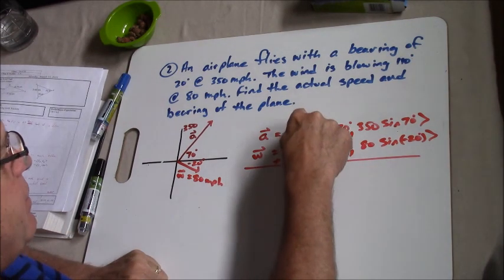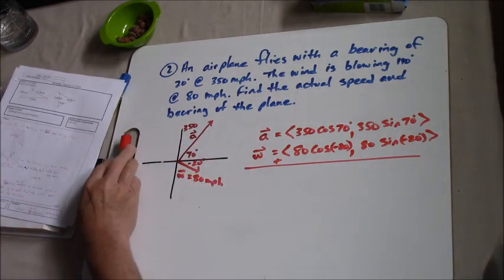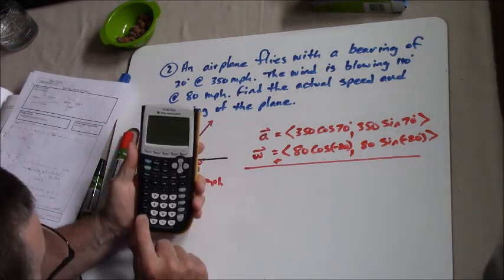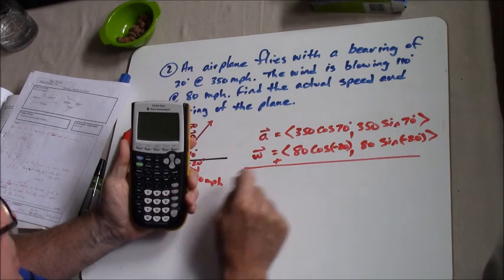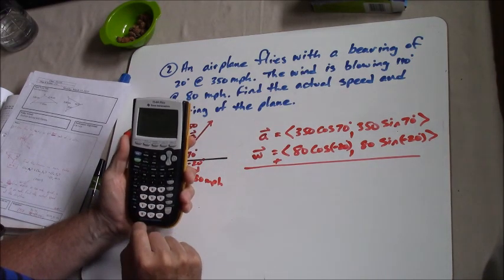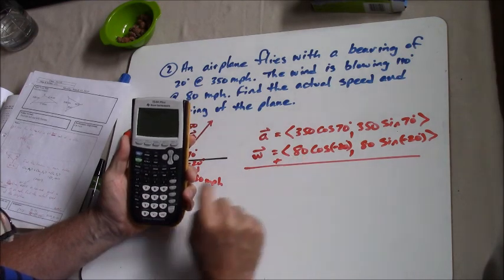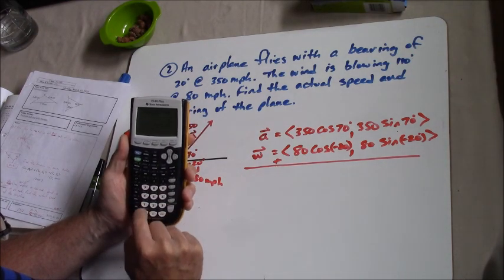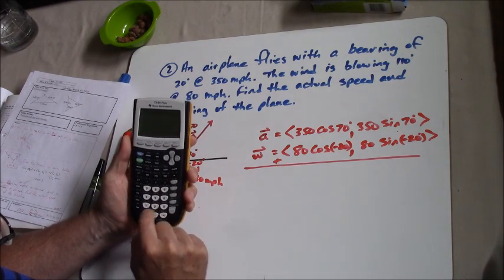All right, so I want to add these two together. So I'm going to grab my calculator and I'm going to do 350 cosine 70, close parenthesis, plus 80 cosine negative 20.